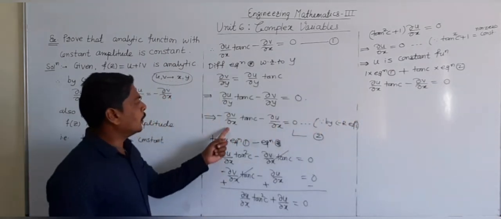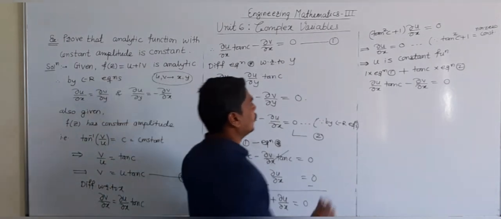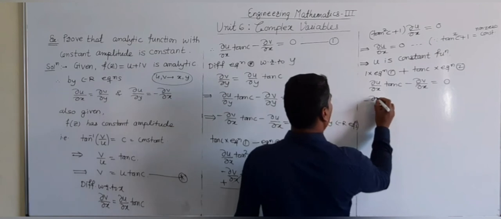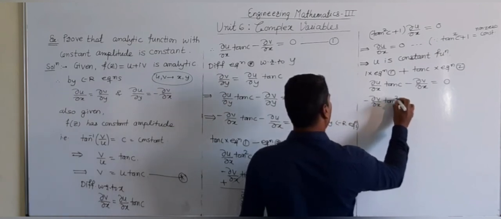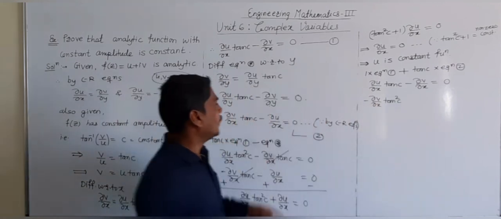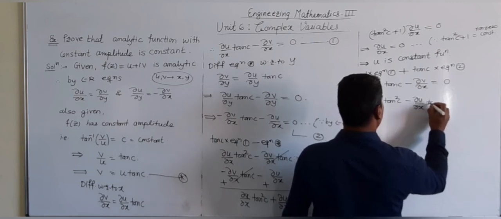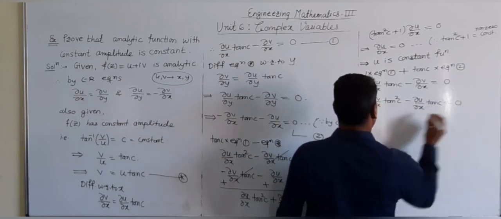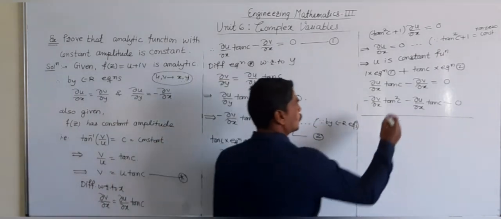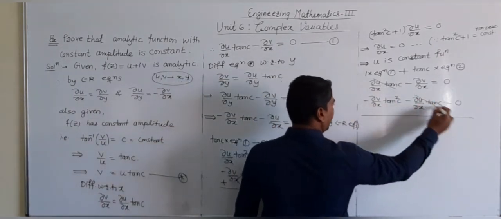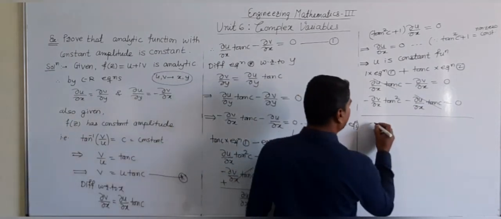And multiplying equation 2 by tan c, we get minus partial derivative of phi with respect to x into tan c becomes tan square c, minus partial derivative of u with respect to x into tan c is equal to 0. And now take addition of these two equations. So these two terms are the same with opposite sign.